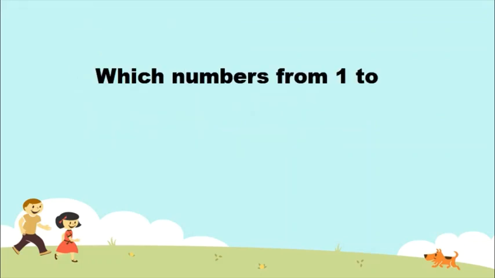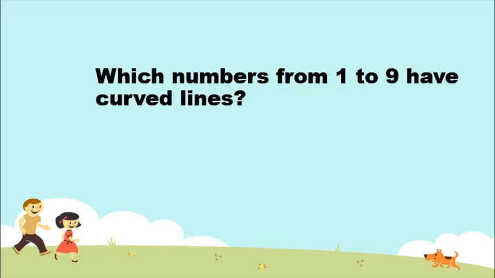Which numbers from 1 to 9 have curved lines? Children, come on, write 1 to 9 on your paper. Come on, start writing. 1, 2, 3, 4, 5, 6, 7, 8 and 9. Now, let us see which numbers have curved lines. Does 1 have a curved line?